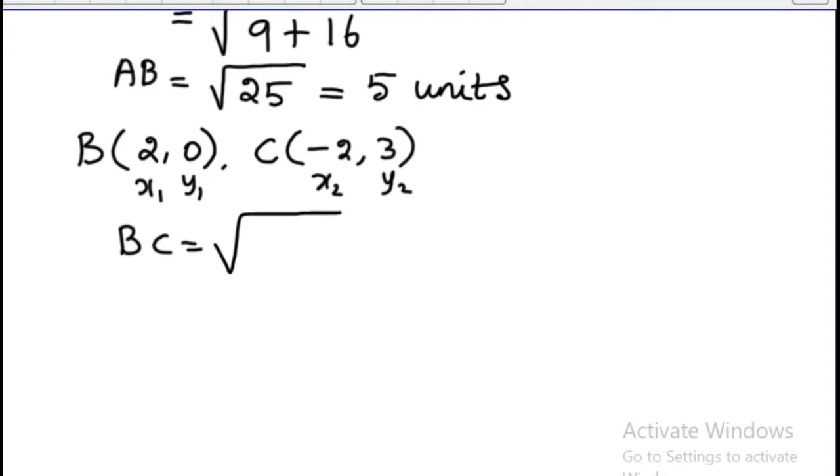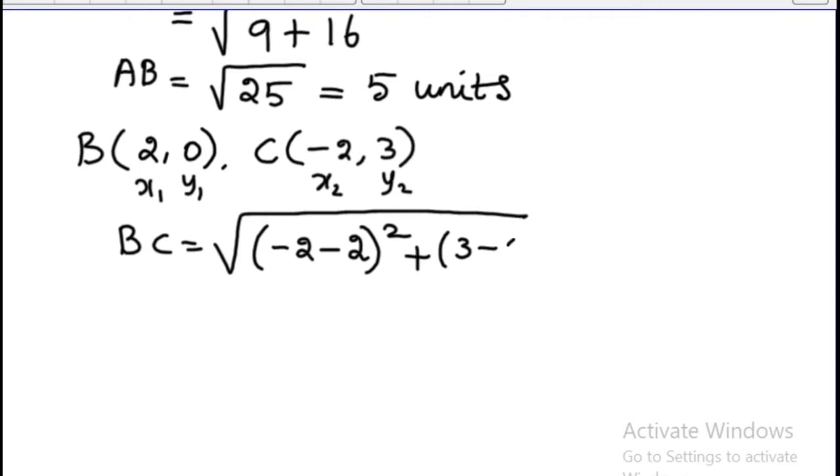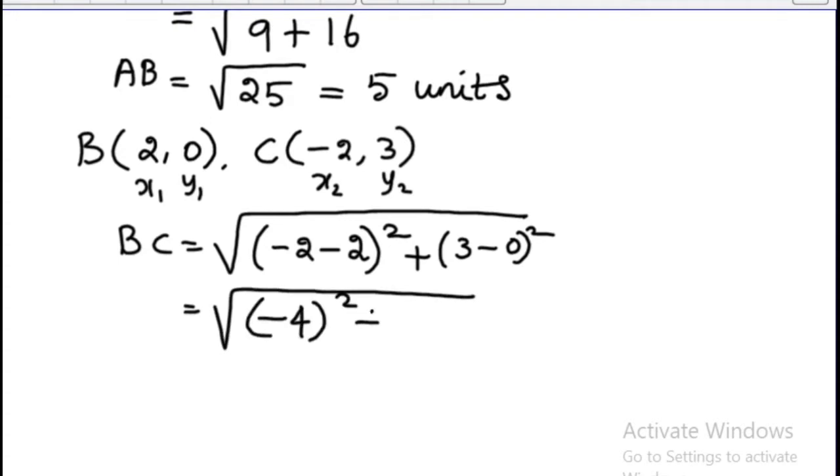BC is equal to square root of x2 minus x1. Already I told you the formula, one time is enough. So x2 is nothing but minus 2, minus the x1 also 2, the whole square. Then plus y2 is 3 and y1 is 0, its whole square. Therefore root of minus 4 square plus 3 square.